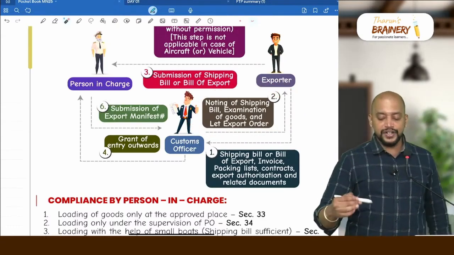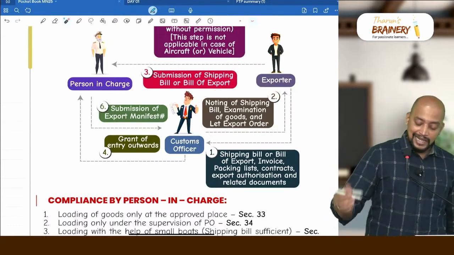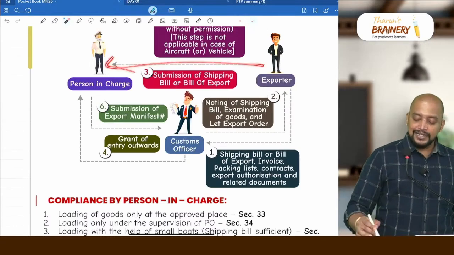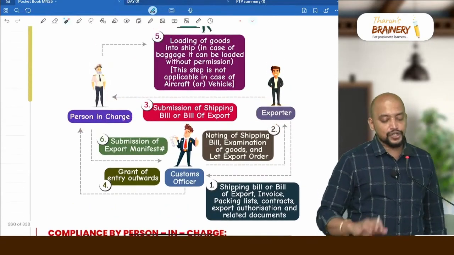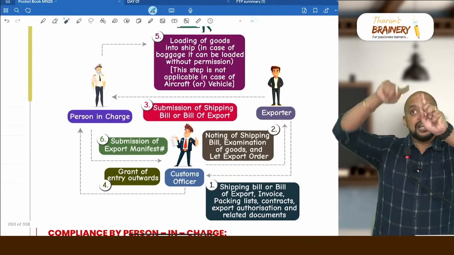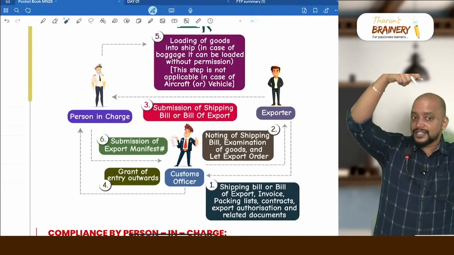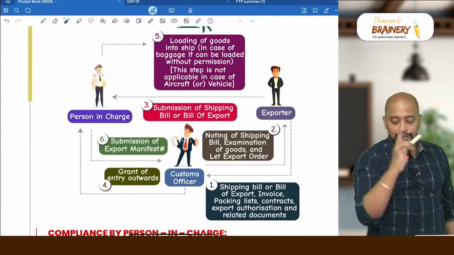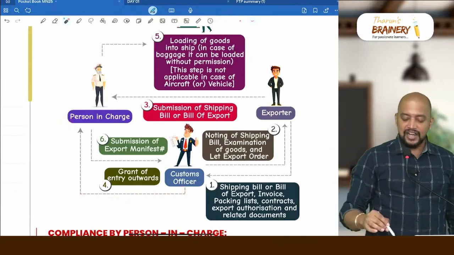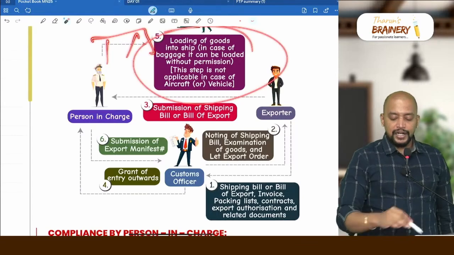Once a let export order is passed, the exporter will submit the shipping bill or bill of export to the person in charge. Meanwhile, what should the person in charge have done? Already he came, he unloaded the goods, now he needs to prepare the ship for export. So he needs to obtain grant of entry outwards to leave the country, and thereafter the goods will be loaded into the ship.